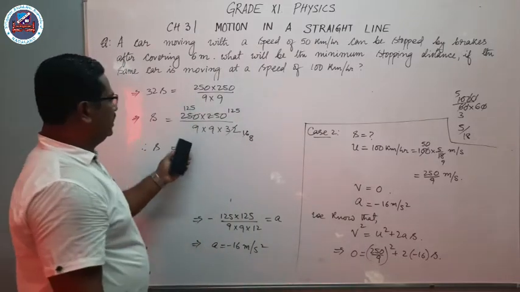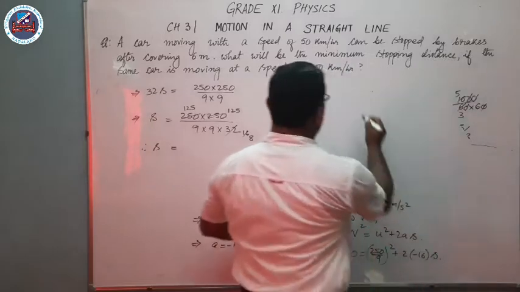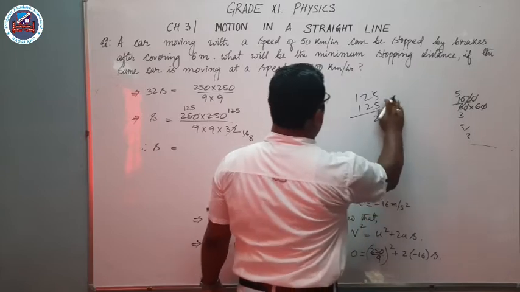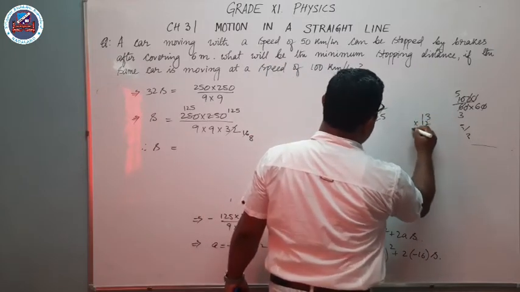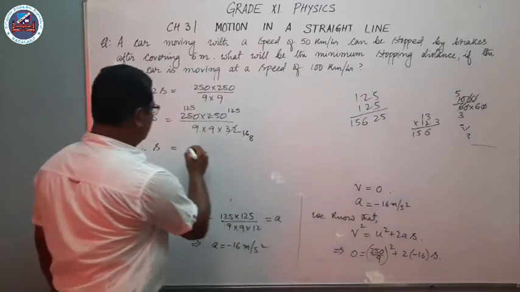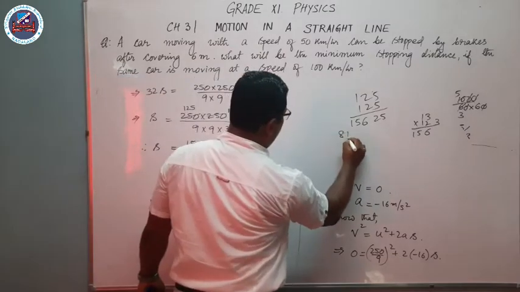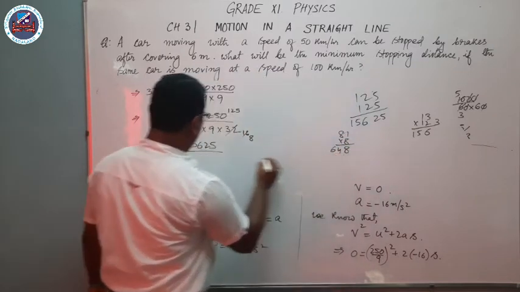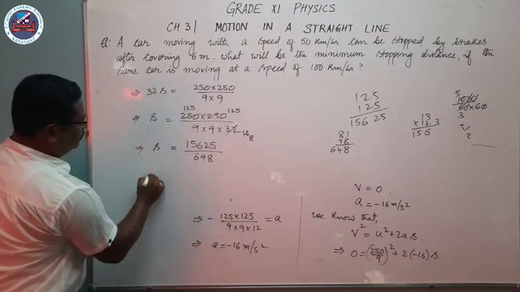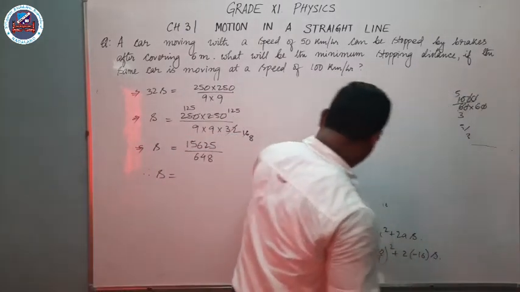So we multiply 125 into 125, which is 15625, and then multiply the denominator, 81 into 8, which is 648. Then divide it and you get the final answer. Let us divide and see how much we will get.